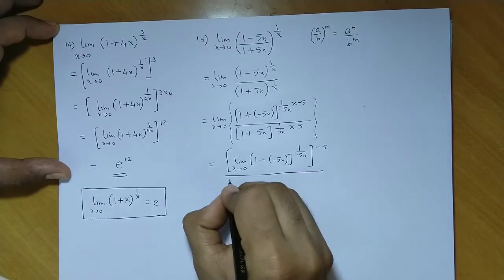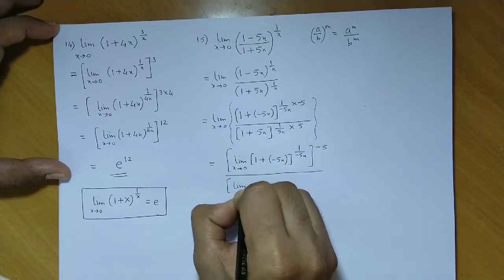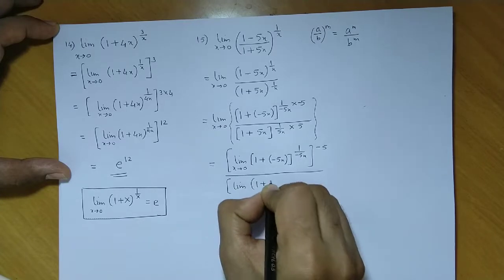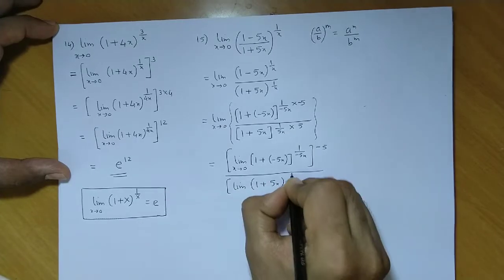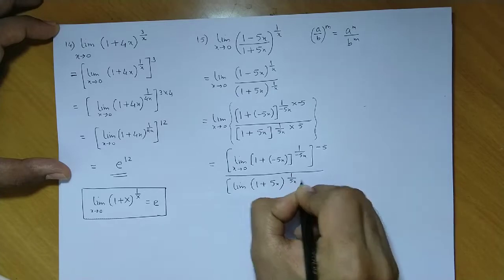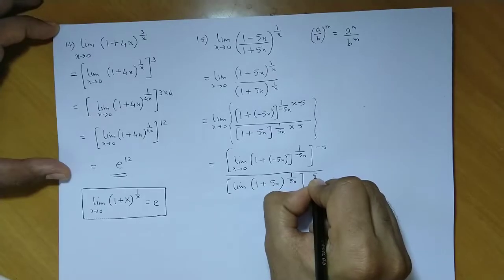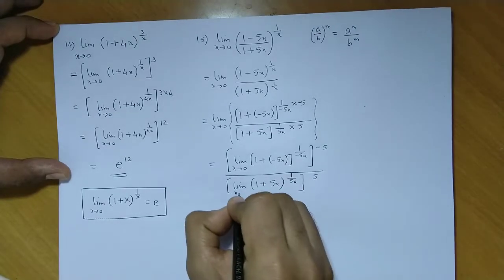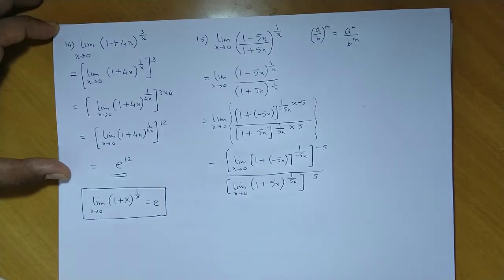And in the denominator we have limit of (1 plus 5x) raised to 1 upon 5x, the whole thing raised to 5, as x approaches 0.